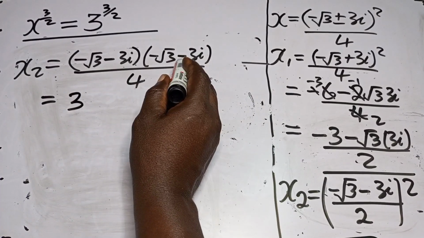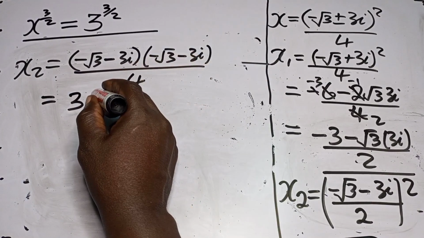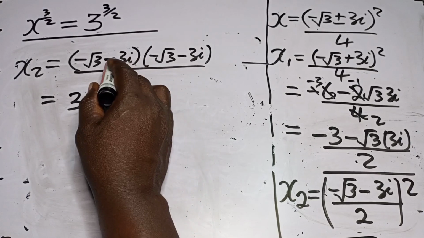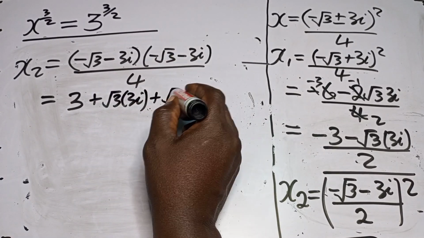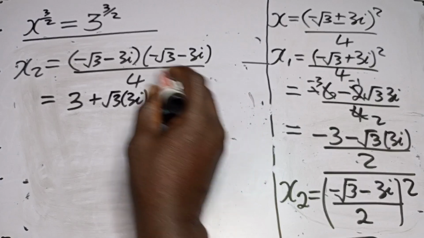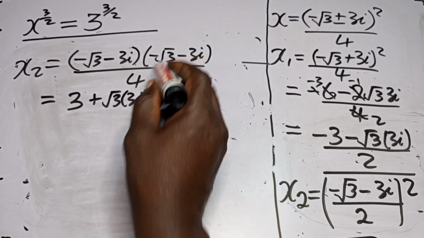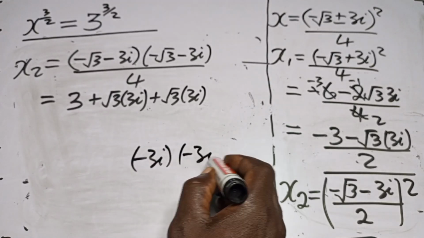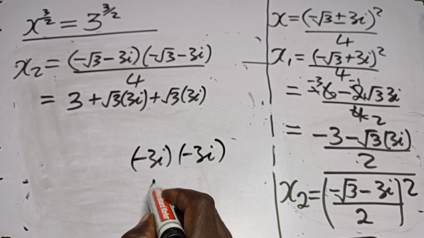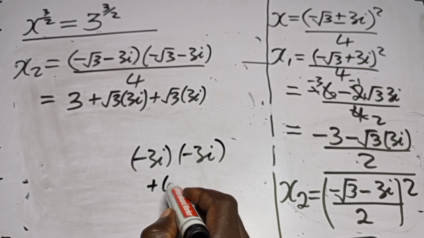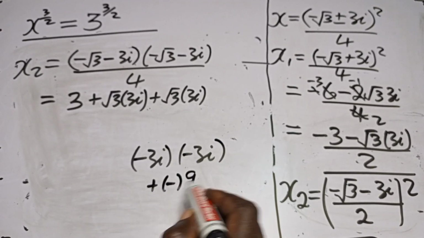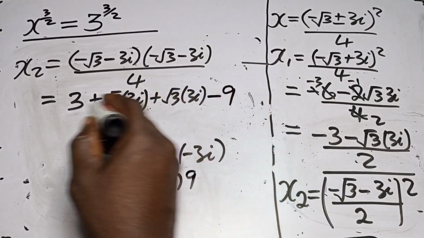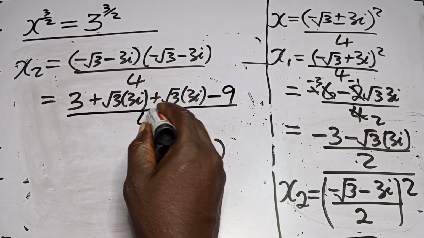Negative root 3 times negative 3i: negative times negative is positive, so we have root 3, 3i. The same thing here, positive root 3, 3i. Then negative 3i times negative 3i: negative times negative is positive, i times i is negative, 3 times 3 is 9. So this gives us negative 9, all over 4.